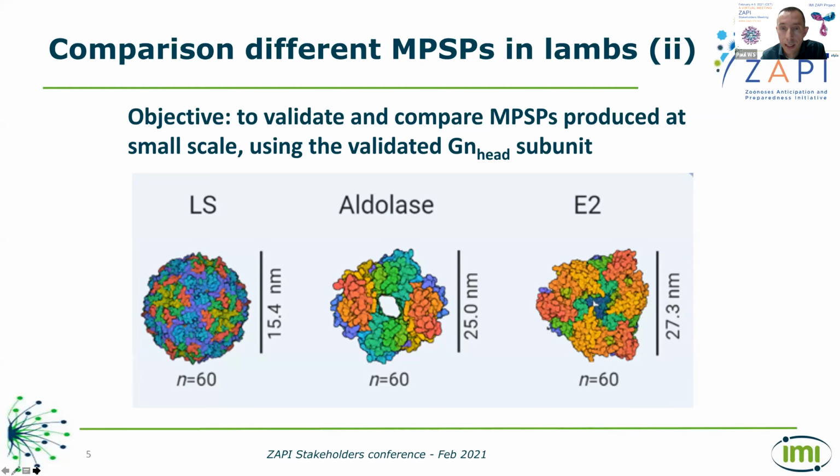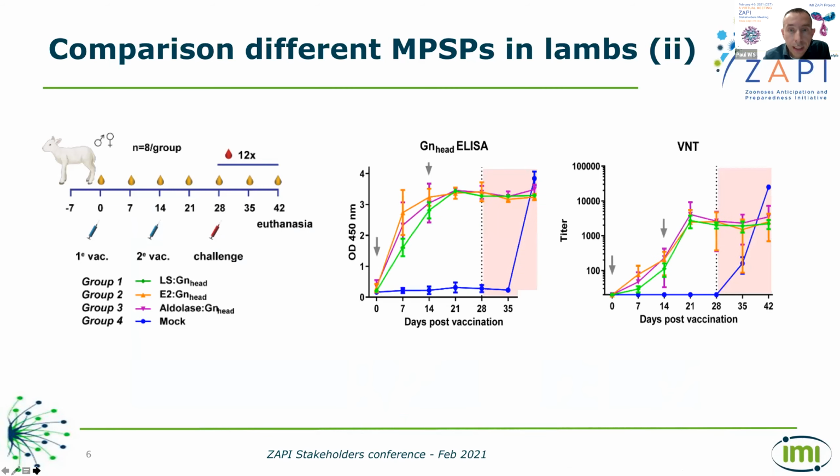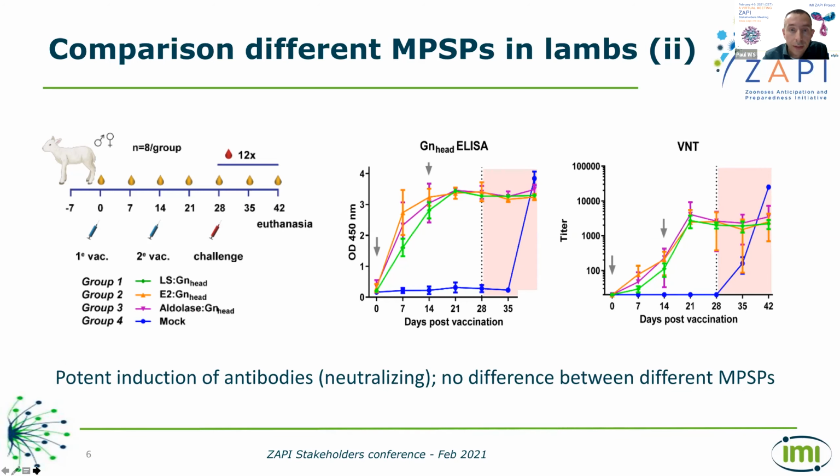Next slide, please. This also involved lambs, with a similar regimen as well. The ELISA and VNT results clearly show again a very efficient induction of antibodies, also after the first vaccination, and that at the moment of challenge there is no significant difference between the different MPSPs. This is also reflected by the viremia.